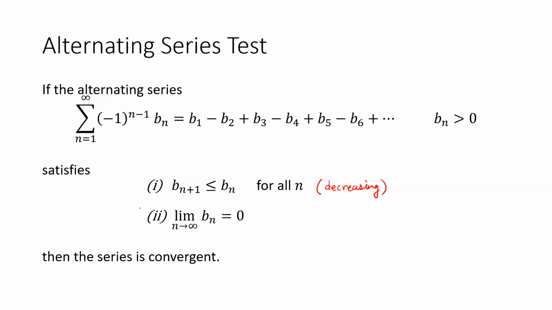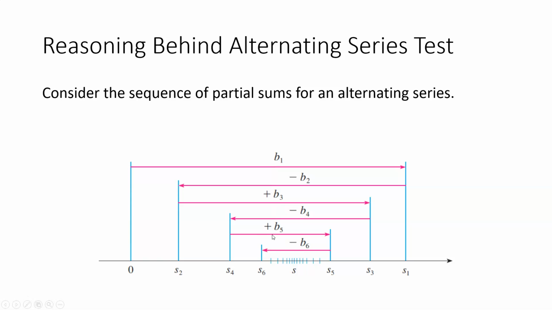Notice that these two conditions would not be sufficient for showing a series is convergent when it's not an alternating series. So this is specific to an alternating series, and we'll see why if we think about the partial sums of an alternating series. I can imagine the partial sums being graphed on a number line.